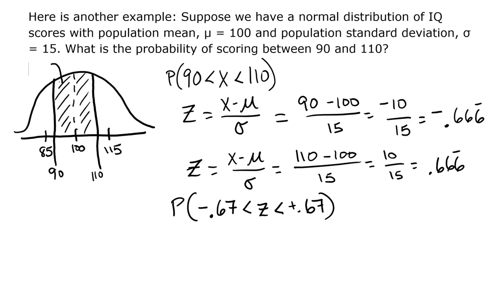So basically, this area is 0.2486, and this area is 0.2486. So what we need to do in order to find the total area is we're going to need to add these two areas together.